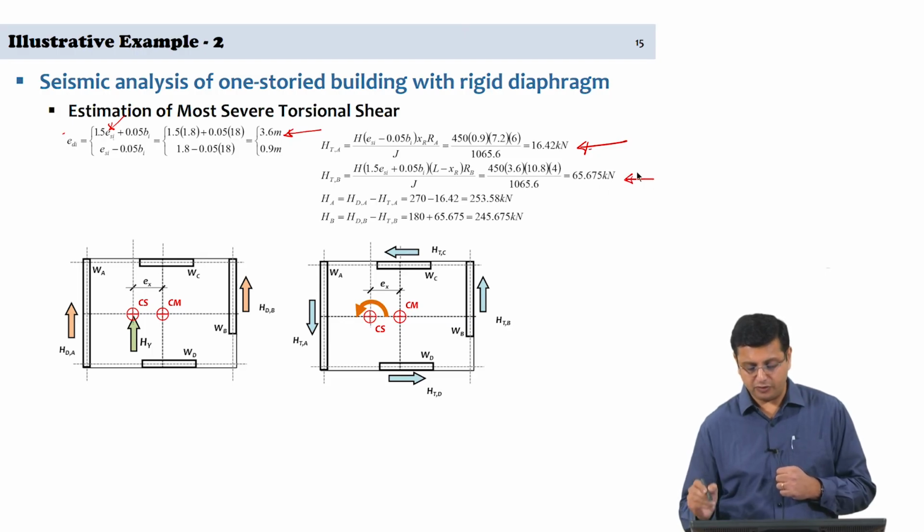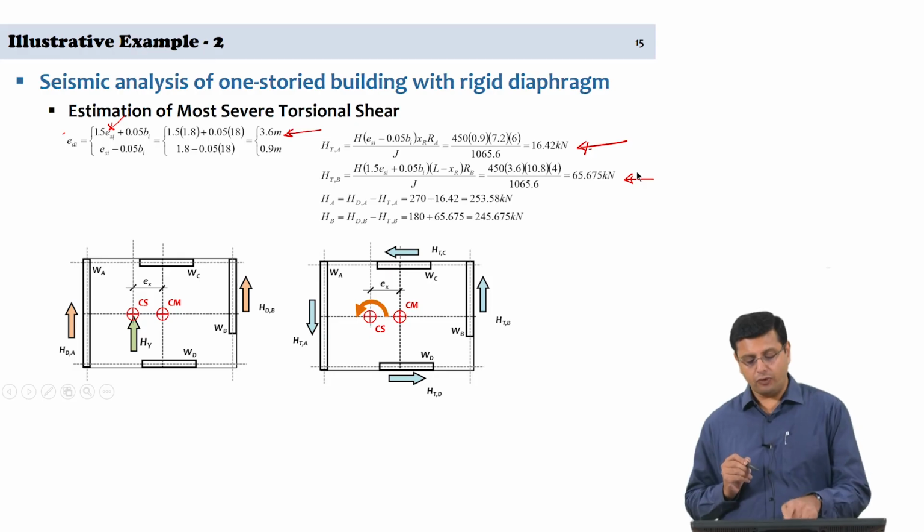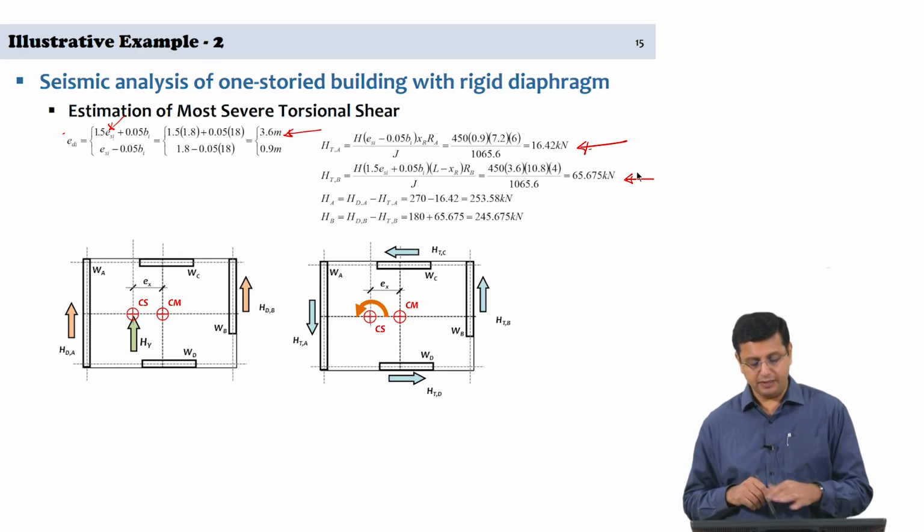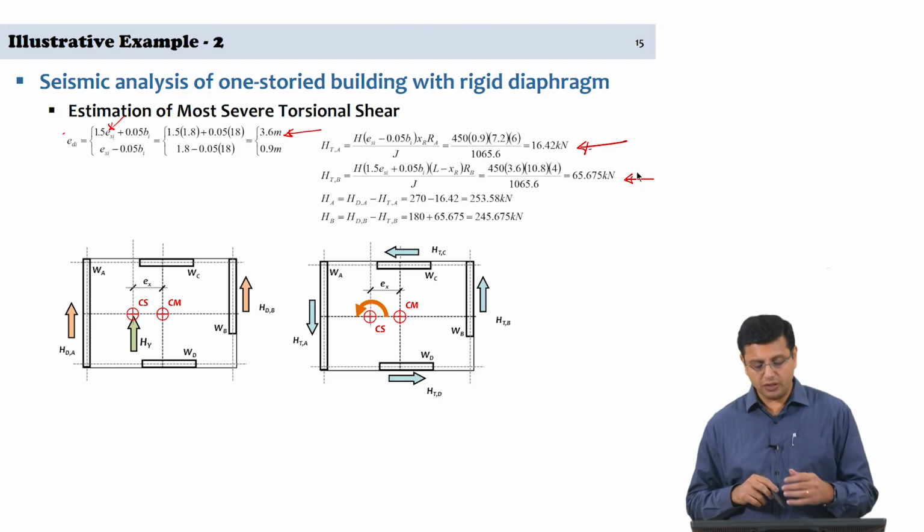Our estimate of the torsional shear component for wall B is 65.675 kilonewtons.